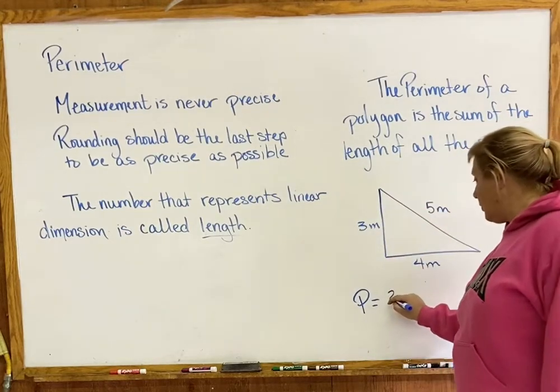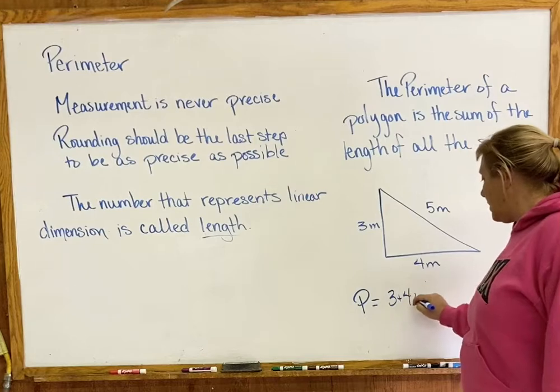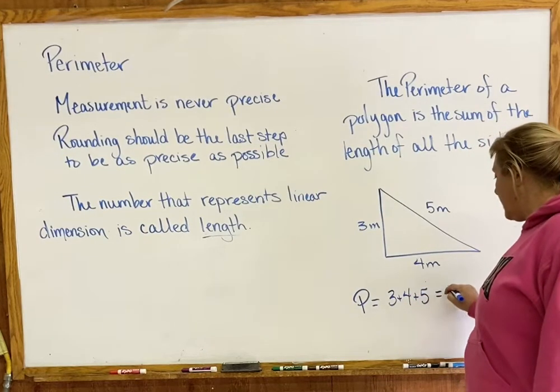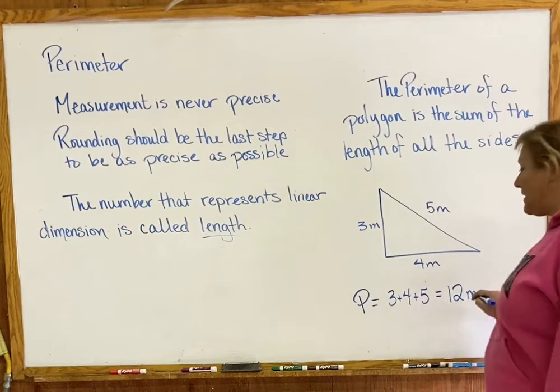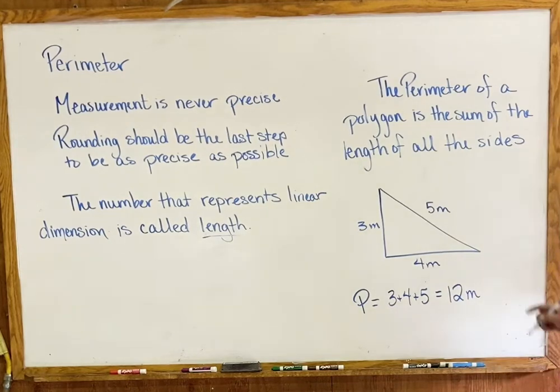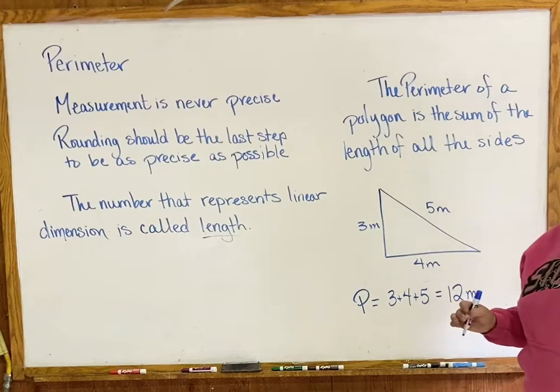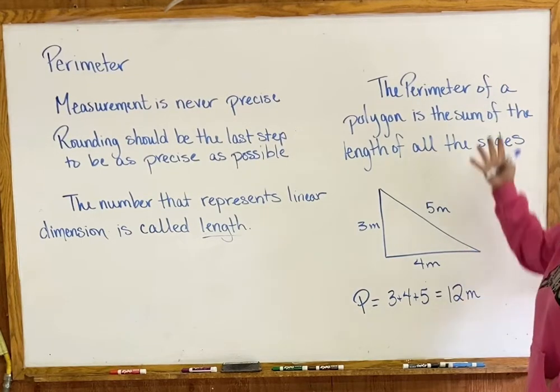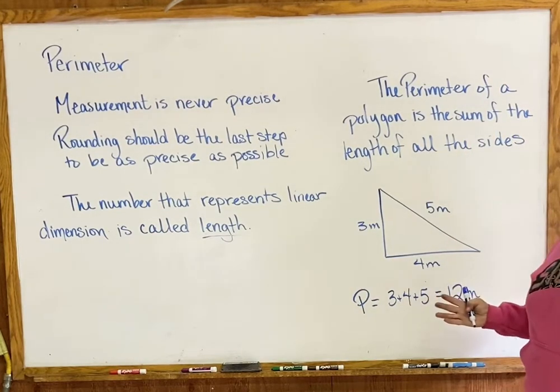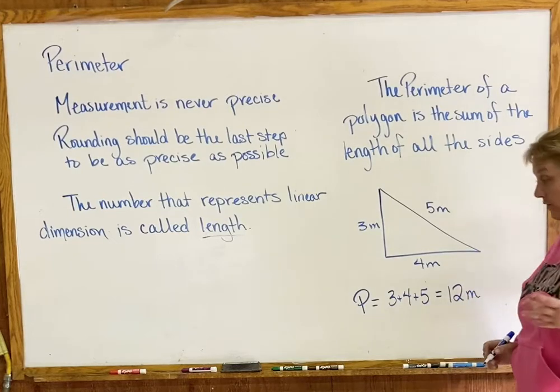So we're going to go 3 plus 4 plus 5, which will give us 12. And don't forget to hit your answer with your units. So this one was in meters. As long as you have all of the sides of a shape, a polygon, then you can just add them up and figure it out. You don't really need any special formula.